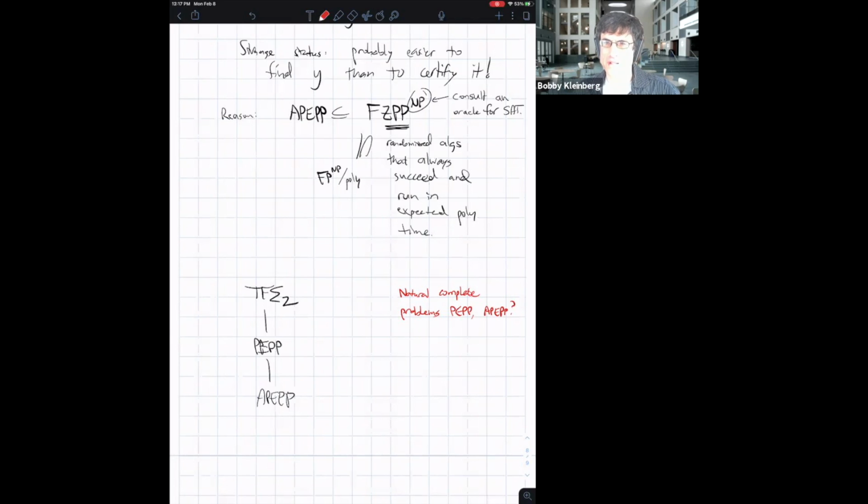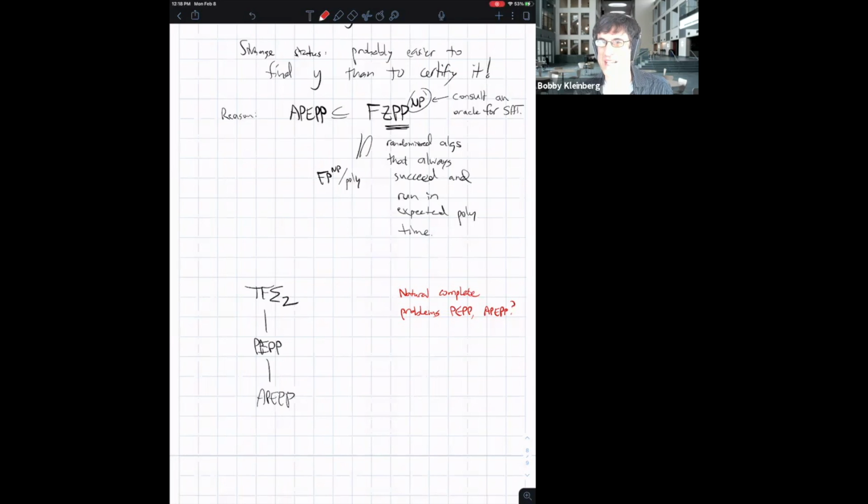So for all of the complete problems that we know, the input encodes a circuit. Whereas there are nice combinatorial problems like, I give you a partially completed matrix and I ask you to fill it in so that the full matrix is rigid. It's easy to see that that problem is in APEPP.